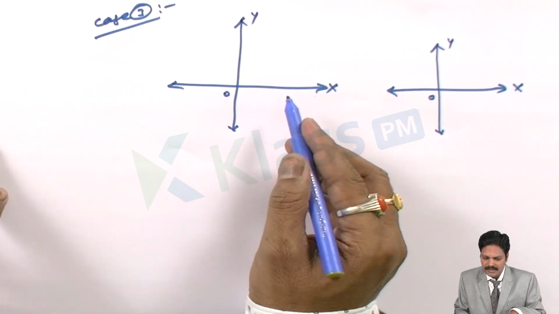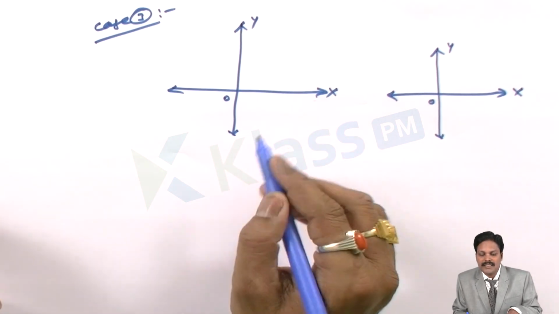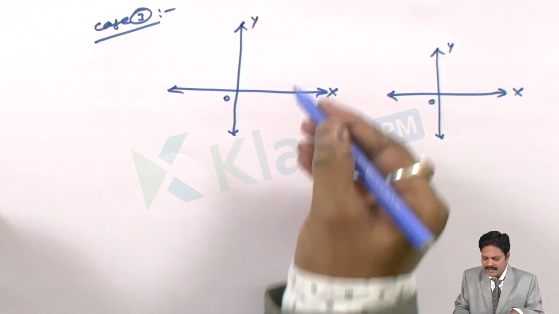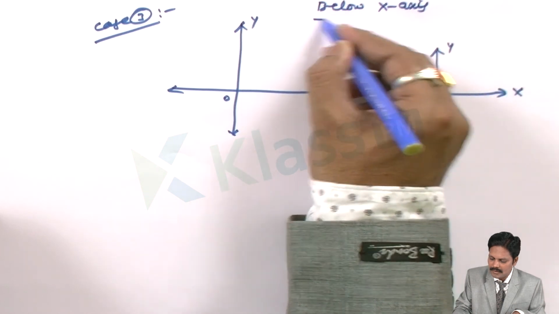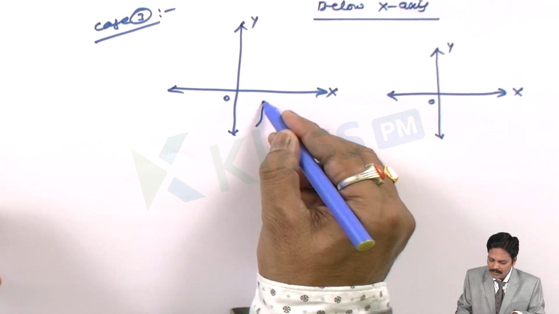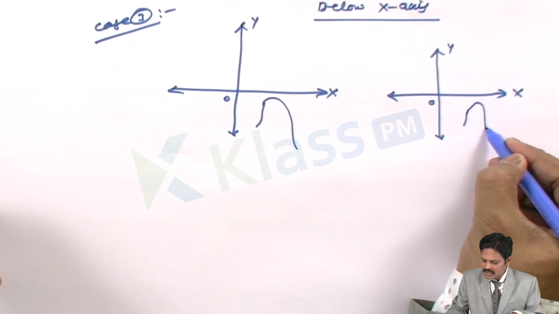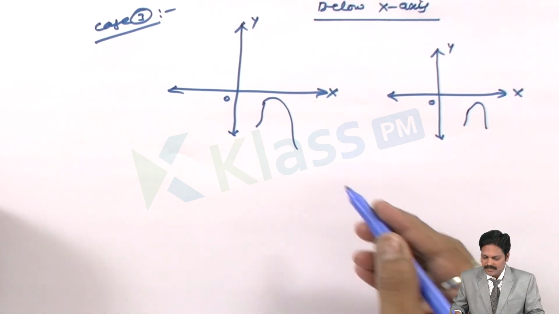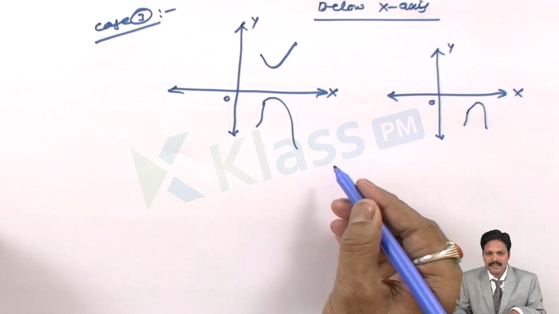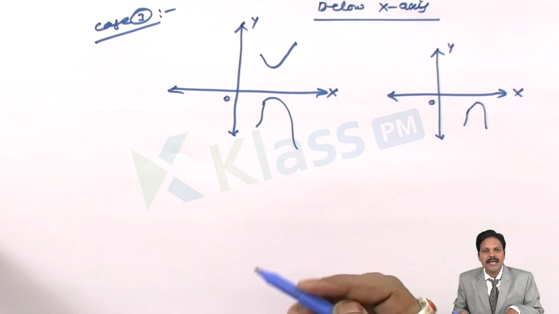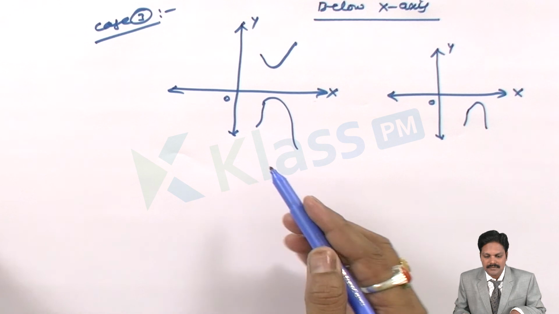How can we represent this? The graph lies completely below the x-axis. This is the third case we are drawing. Here it will not touch the x-axis, whether in the upward or downward direction.